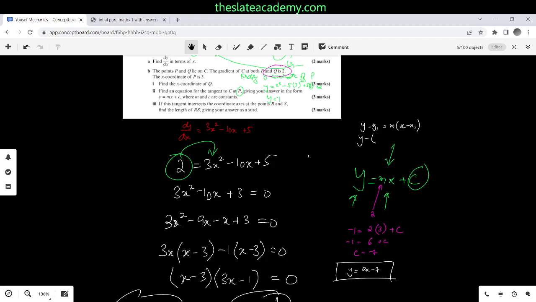So y1 is minus 1, m is 2, and x1 is 3. The point that I have is 3 comma minus 1, right?